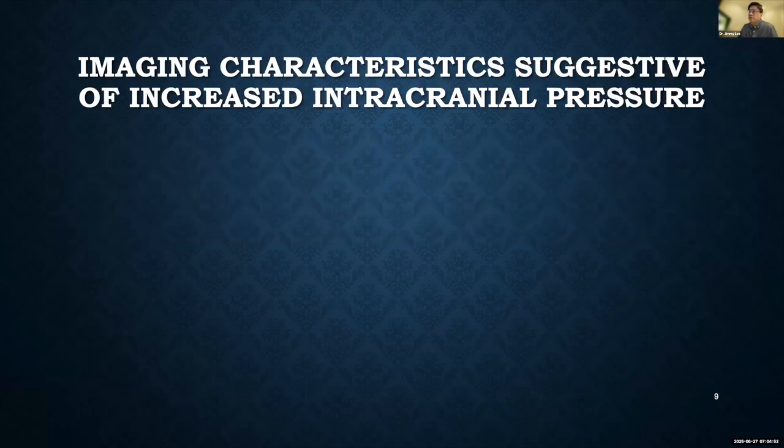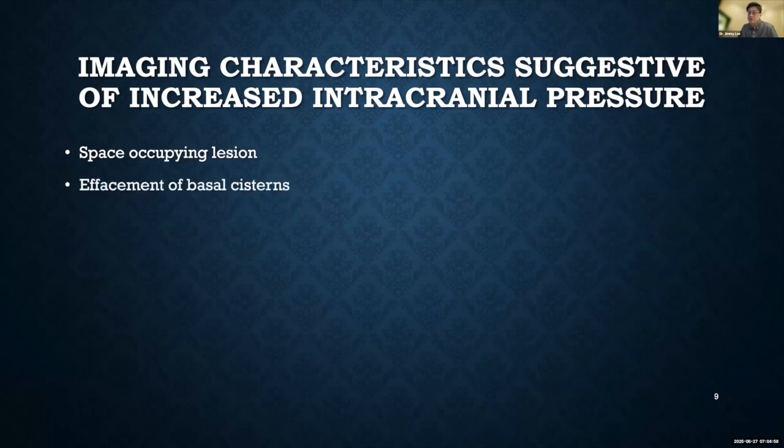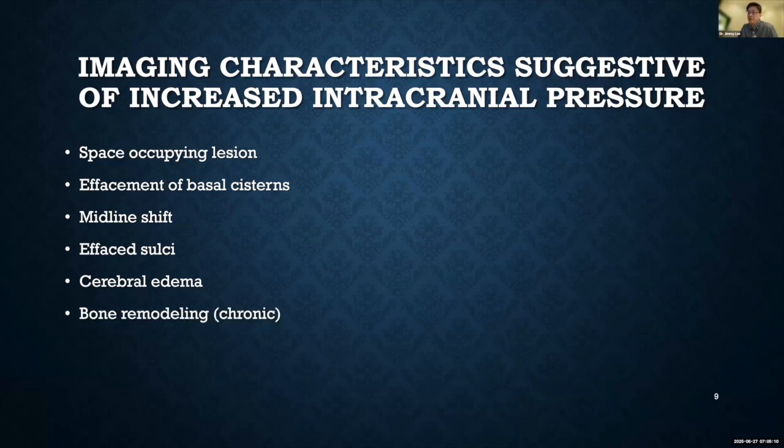Now, imaging characteristics, for example, space-occupying lesions, of course. And always check the basal cisterns, suprasellar cisterns, that kind of thing. Look for shifts and look at the sulci, particularly at the vertex. And look at the gray-white differentiation, the brain itself, for edema. And for chronic changes, look for bone remodeling.